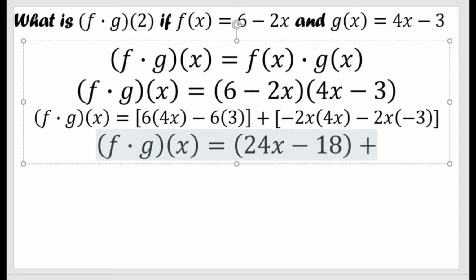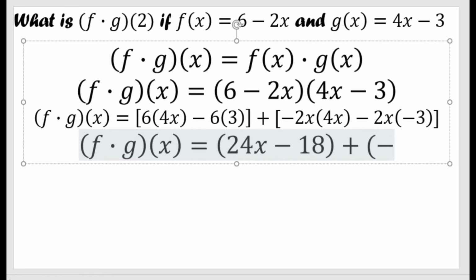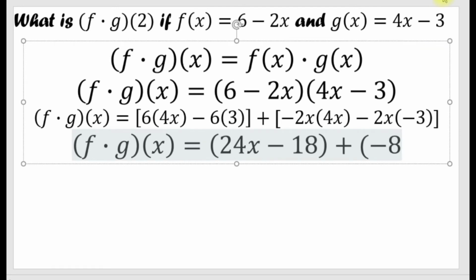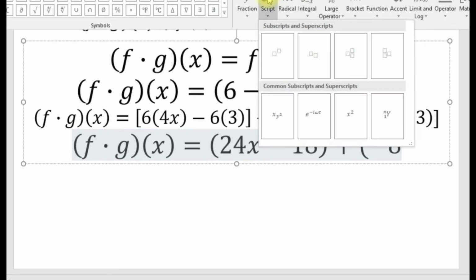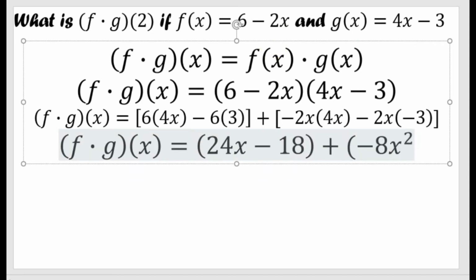Then plus negative 2x times 4x, that is negative 8x squared. And then negative 2x times negative 3, that's positive 6x.